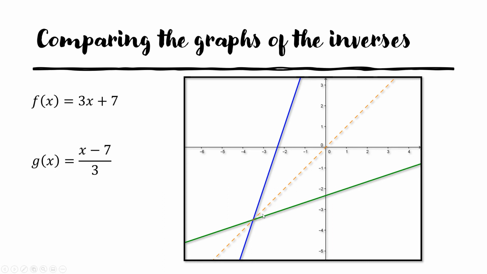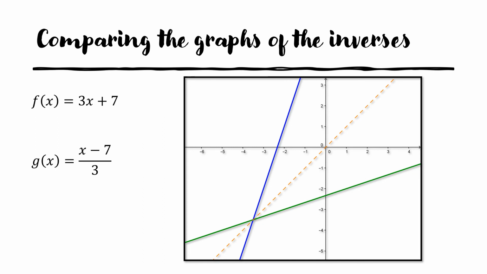And the blue one below the broken line will touch the green one above. So in other words, the graphs of the inverses are actually symmetric with respect to x equals y.